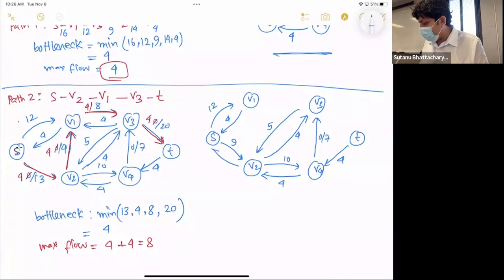And S to V2, what is the back edge? 4. We are currently using 4. Okay. Now V2 to V1, what is the forward edge? 0. That means it's fully occupied. So that means V2 to V1 is saturated. So only back edge, no forward edge.